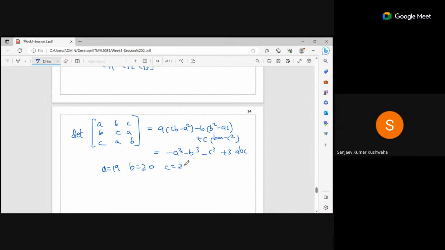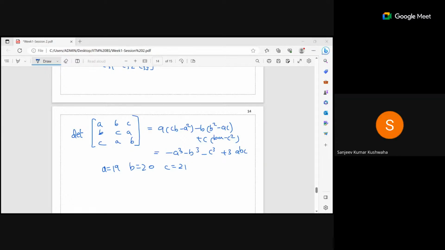Ma'am, I want to ask a doubt. Suppose we reduce any square matrix to an upper triangular matrix using the row transformation method, will the determinant of the matrix be the same by the rule of the product of the diagonal? Suppose there is a square matrix, we reduce it by row operations to an upper triangular matrix.